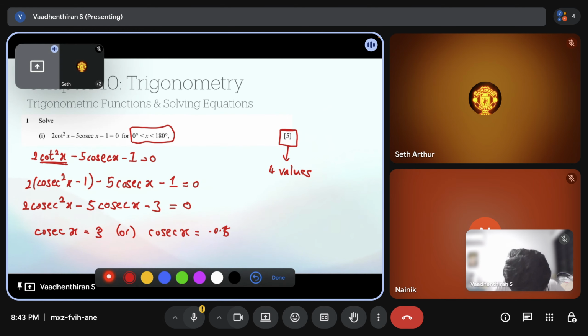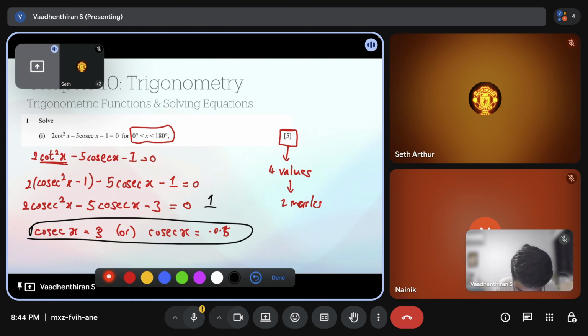At least 4 values will get you the 2 marks for the answers, and then 3 marks for your steps if correct. Getting to this will be 1 mark, and to this 1 mark or 2 marks, and the answers will be 2 marks. Got it? That's how it's mostly graded.